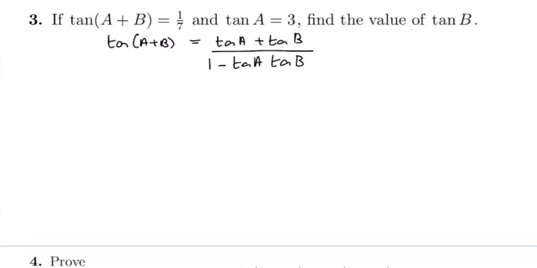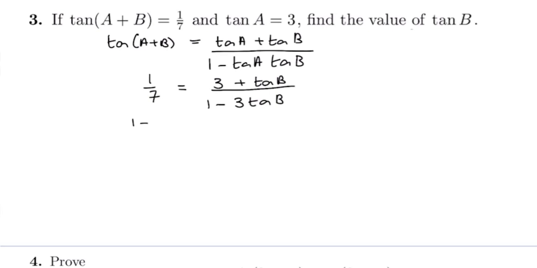I'm going to put it with what I know. Now I know that tan of A plus B is a 7th. Tan A, of course, is 3. So that's plus tan B over 1 minus tan A, of course, is 3 lots of tan B. You need to just solve that equation. So I'm going to cross multiply.